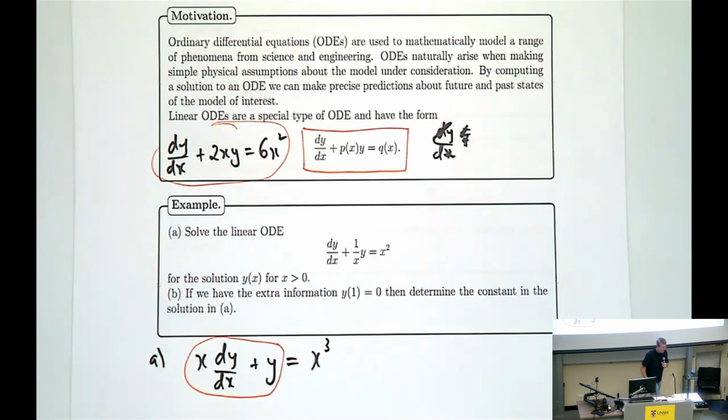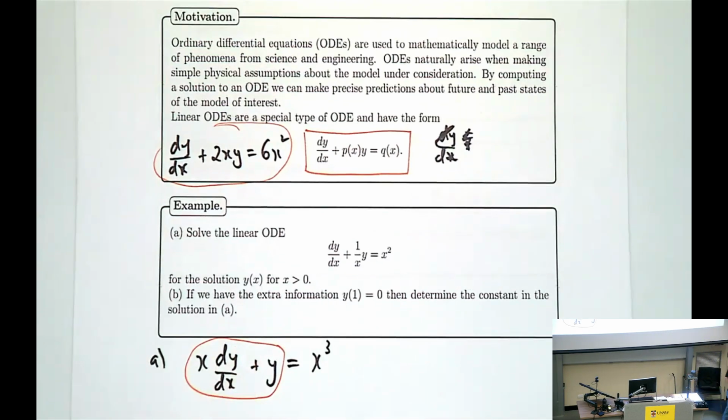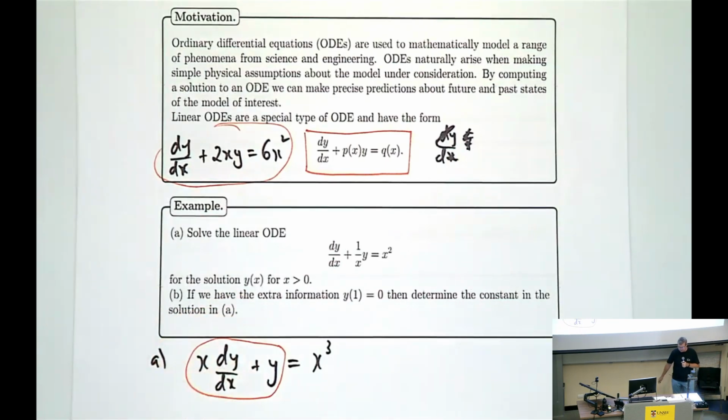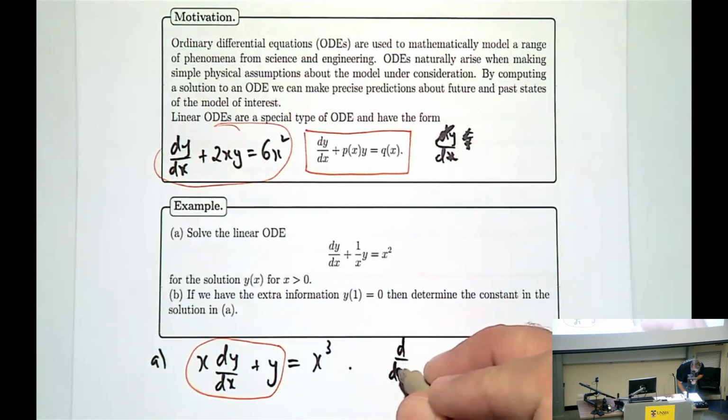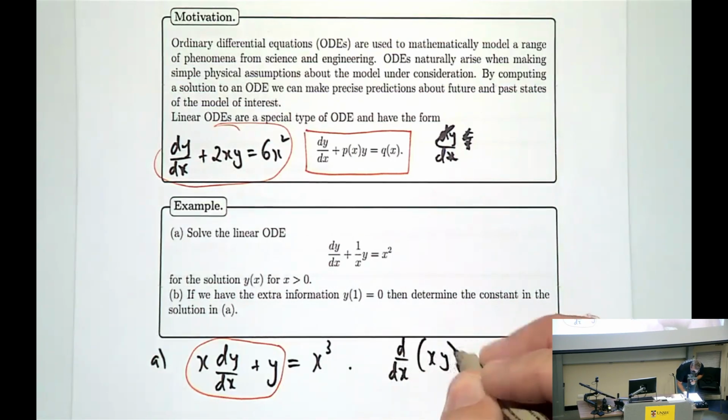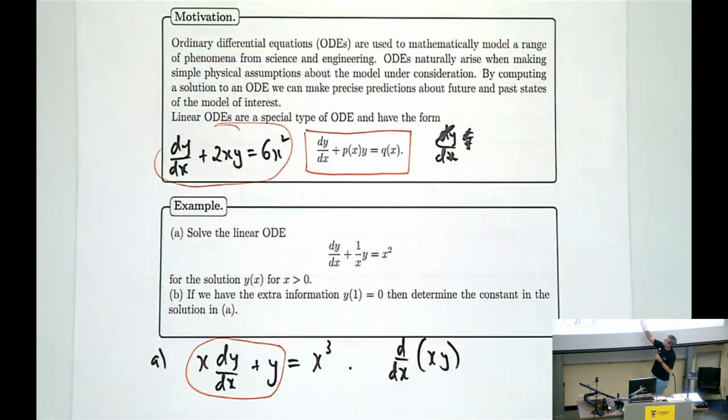They're good questions. Online, someone's saying it is the product rule on the left-hand side. Well, how is that the product? Let's have a look at this. If I have the product of x times y, where we don't know what y is, it's just a function of x, and I differentiate that product, what do I get?